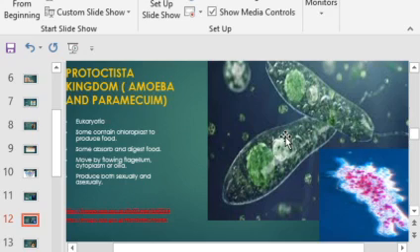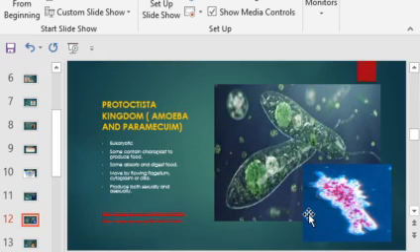So some absorb and digest food, and like the amoeba, they move by flowing their cytoplasm, others by their flagellum or their cilia, and they have the ability to produce sexually and asexually. So those are two examples.